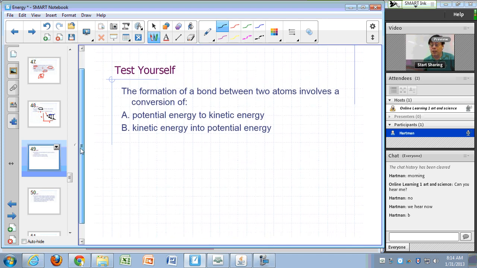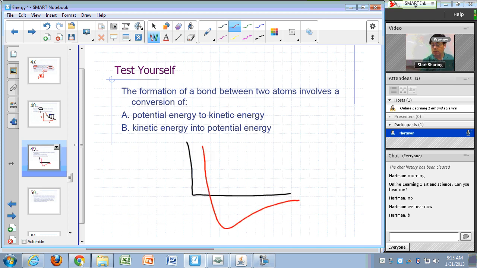Okay, formation of a bond between two atoms. That involves what? Conversion of potential to kinetic energy or kinetic energy into potential energy. Let me just remind you what the potential energy looks like between two atoms that are bonded. So this is potential energy, and this is distance on this axis right here.